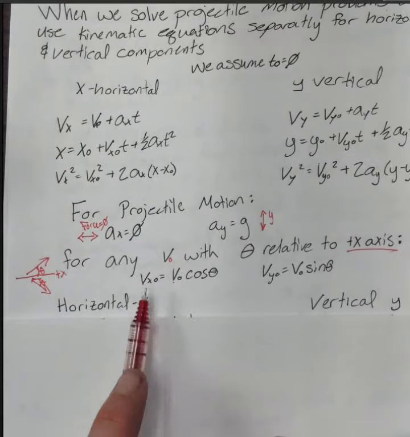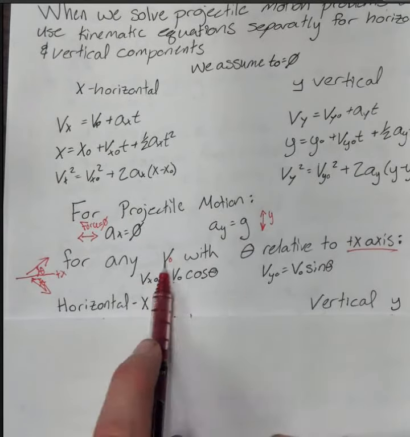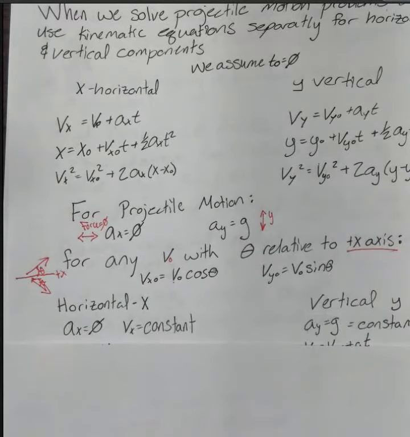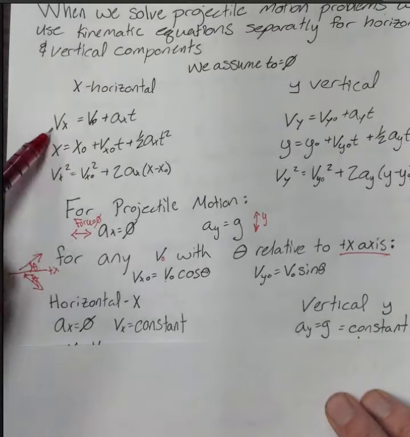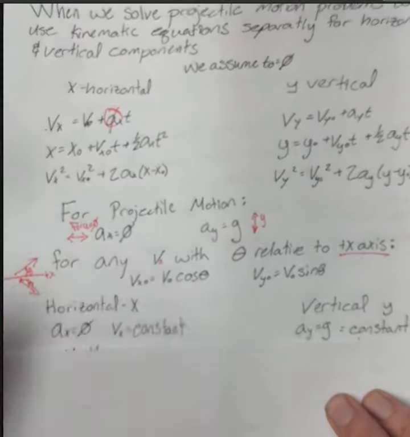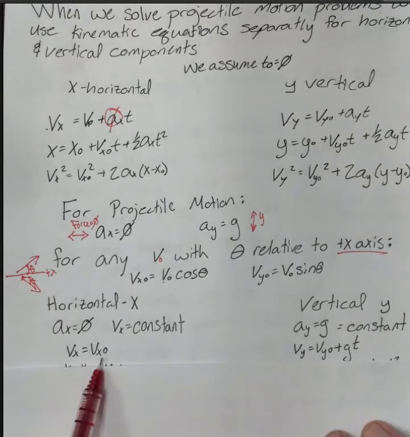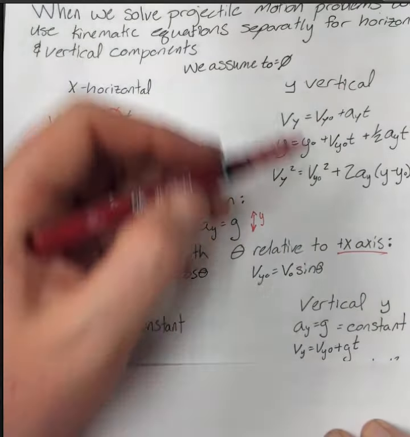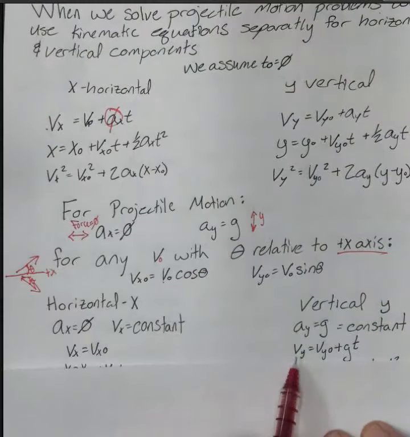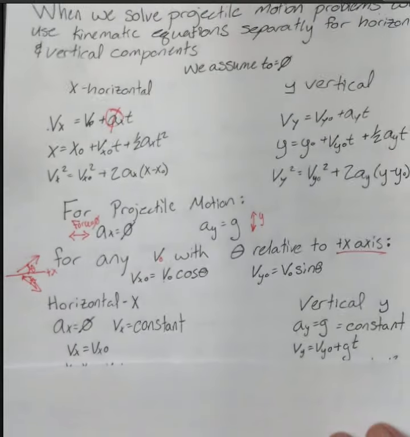And when we know where our x component velocity and our y component velocity come from, some initial velocity with some angle relative to the axis, our equation up here, if acceleration is 0, will become vx equals vx naught. Our equation on this side, if acceleration is gravity, then vy will equal vy naught plus gt. And remember that that plus g is assuming that we would set our axis or give that g a negative value.